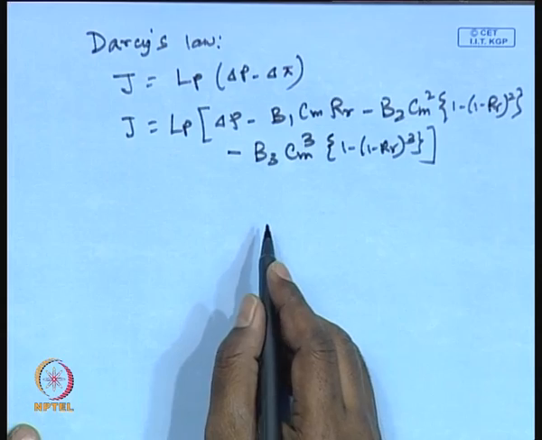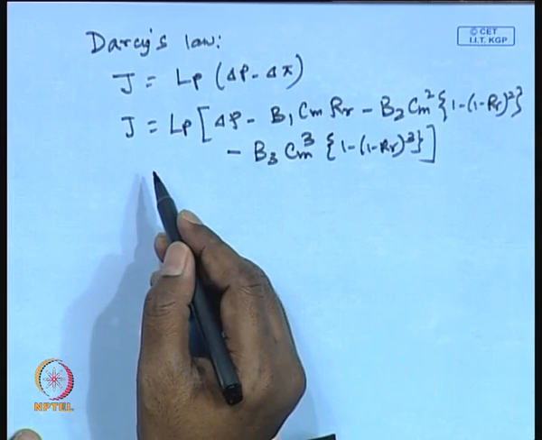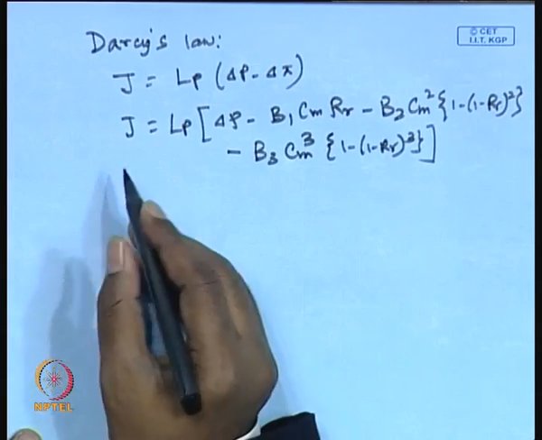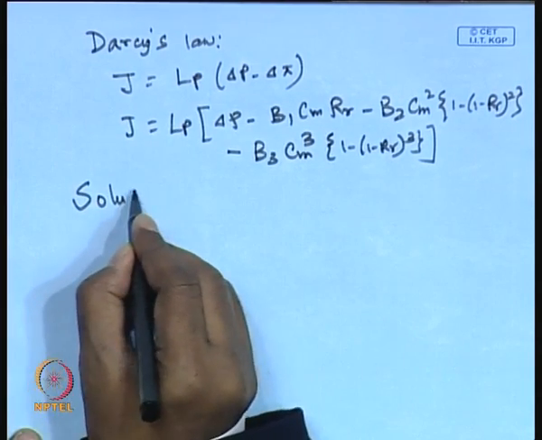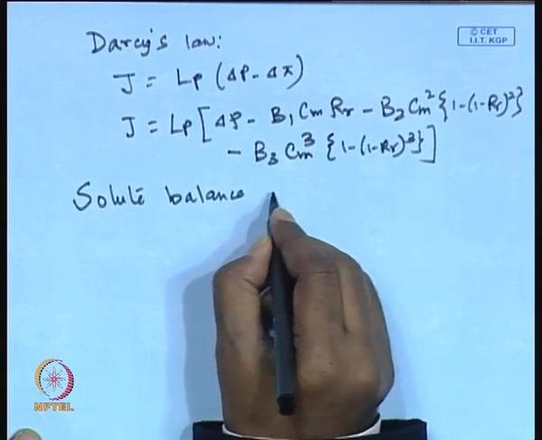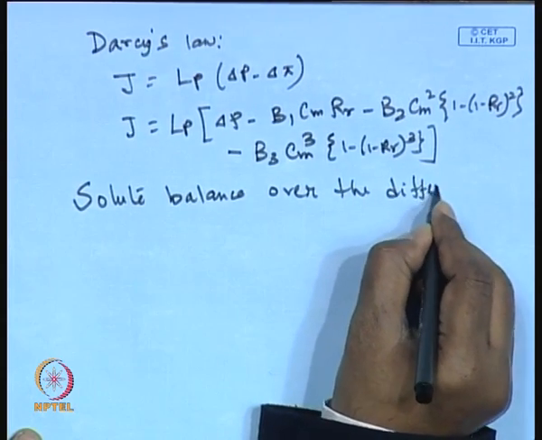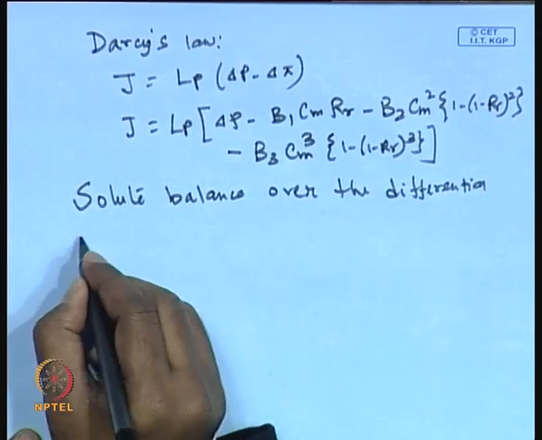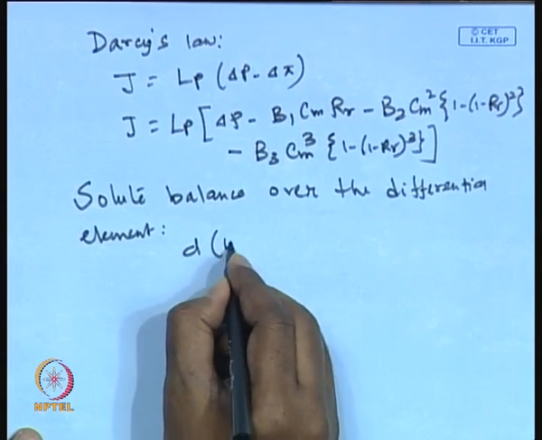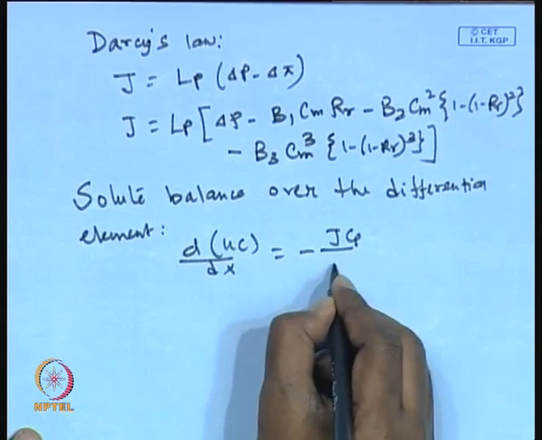Okay. So, we already know the governing equation of delta P. So, J becomes a function of membrane surface concentration, and solute balance over the differential element gives you d(uC)/dx is equal to minus J Cp divided by h.